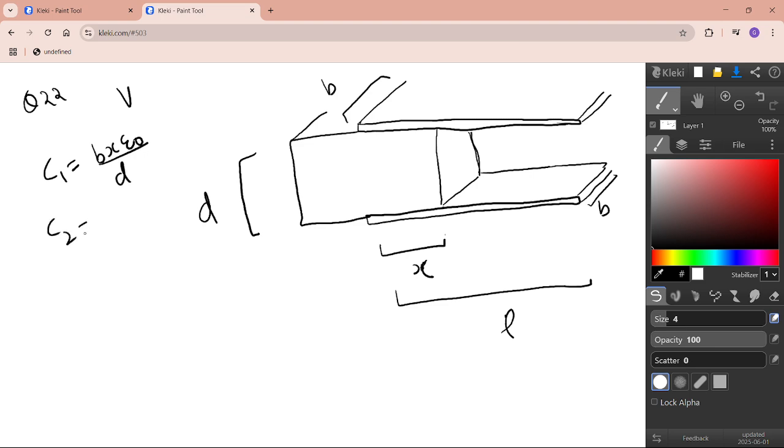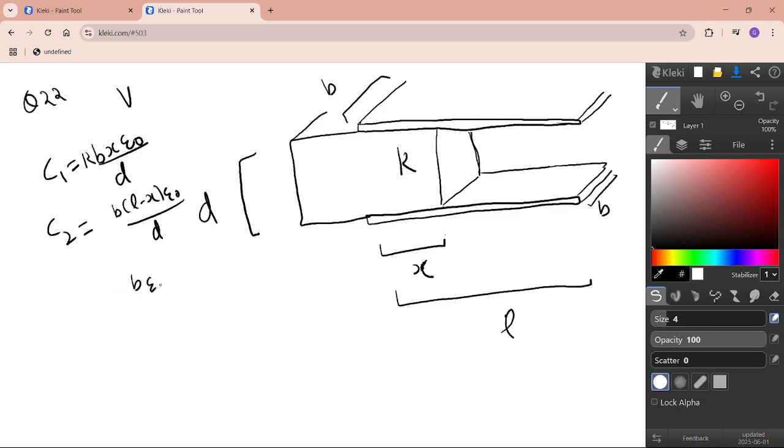And C2, and of course, do not forget the dielectric constant K. It's again its length, that is L minus x, so K b (L minus x) epsilon naught by d, and of course, parallel, just add them.